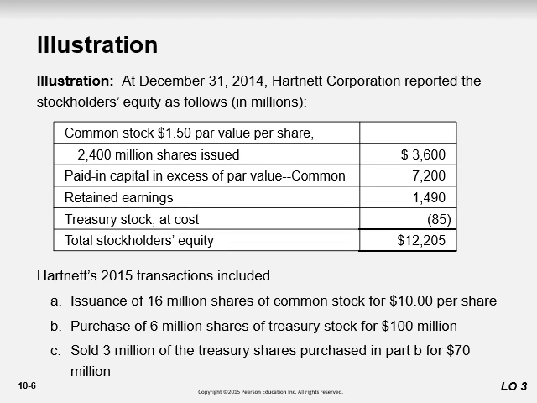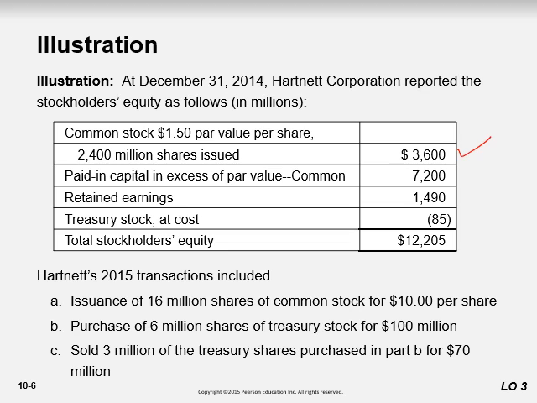I have pasted an illustration here. I just want you to pause the video and try to solve this example by yourself. This is a very easy example, I hope you find it easy. Let's do it together. Harnett Corporation reported stockholders' equity as follows.